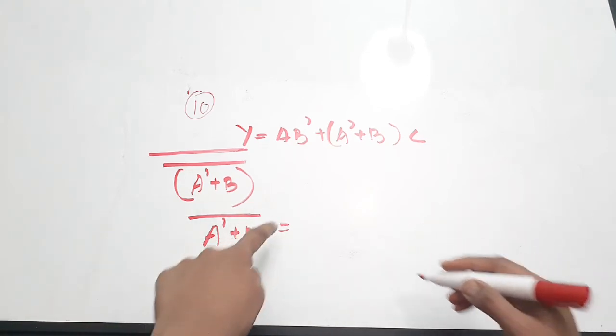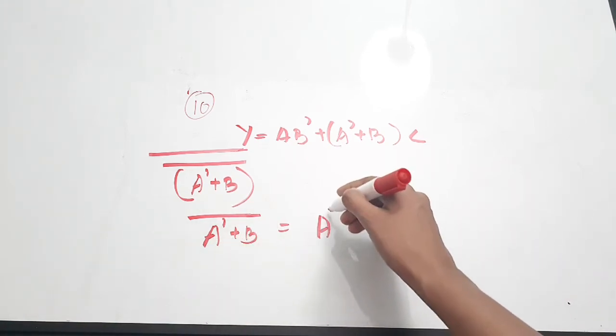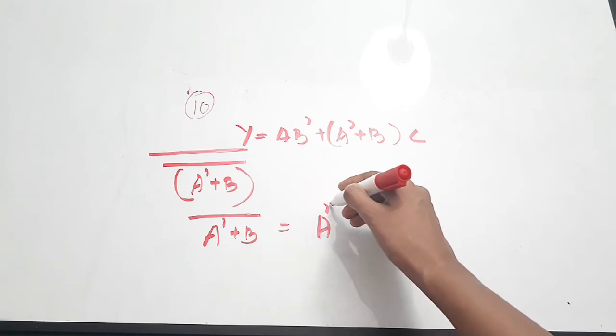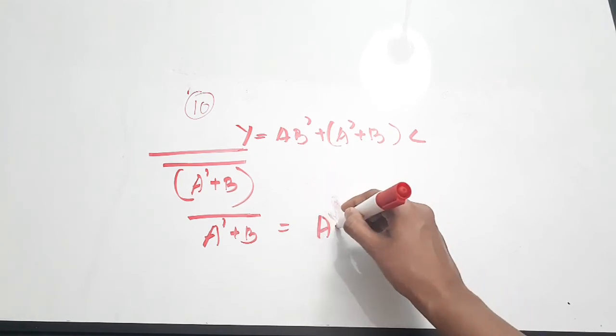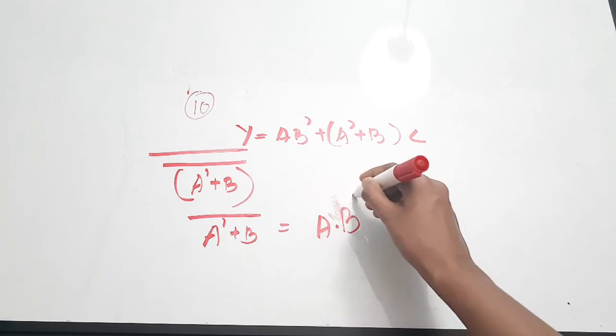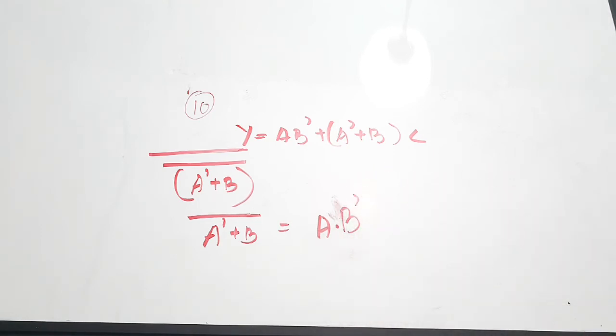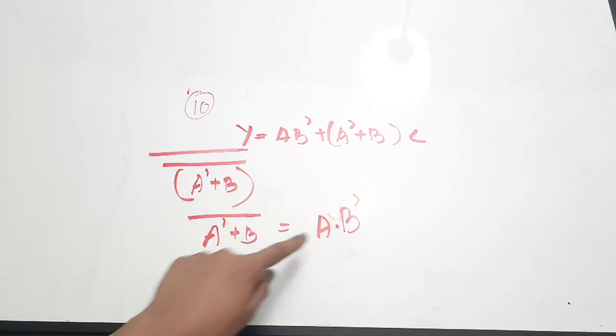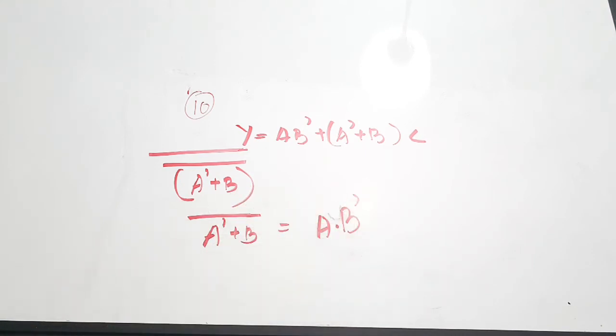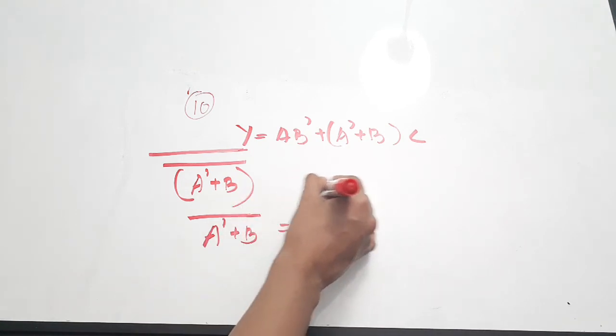A plus B the whole complement is A complement, that will be A complement, again complement, it is A, into B complement. So you'll get a term like A dot B complement, and again there is an outer complement also.